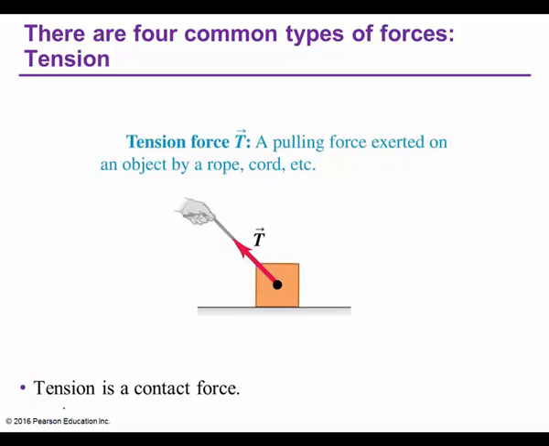Then we have tensional forces. And I love tensional forces. Now, notice they put an angle on this. Where do I get maximum force? Well, now wait a minute. Think about your trig here.